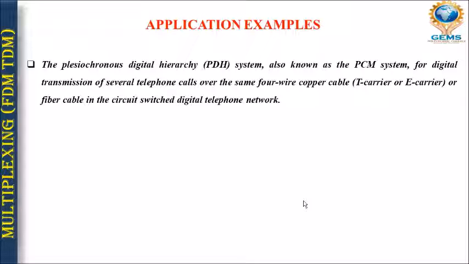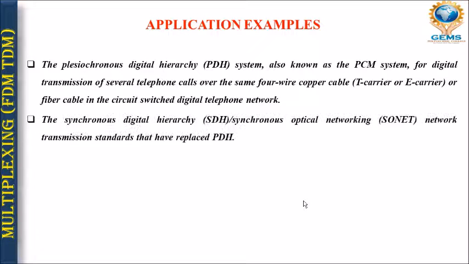We are using four wired copper cable for multiplexing, and these four wire copper cables are T carrier or E carrier, right? And basically they are fiber optic cable that we are using in such type of circuit. We are also using SDH, which is also known as synchronous digital hierarchy, and we are also using SONET, that is synchronous optical networking, in this TDM, right?